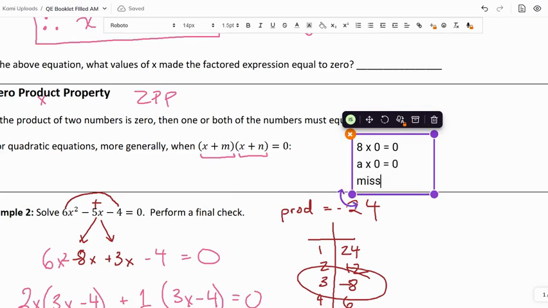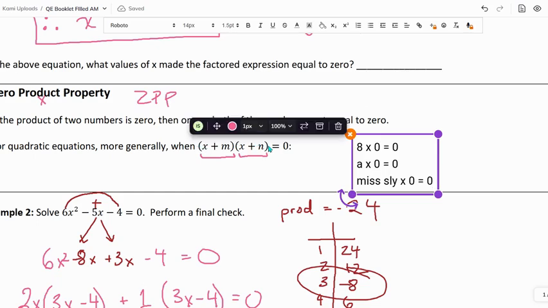What is Miss Sly times 0? 0. So anything times 0 equals 0. So if you're multiplying two factors to make the equation equal to 0, one of the factors has to be 0. So this is what the zero product property says.